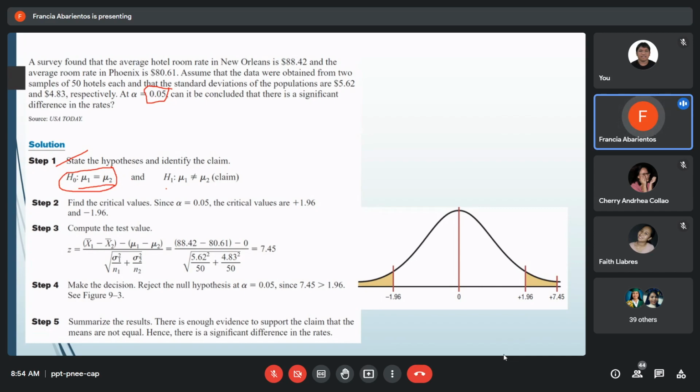But in the alternative hypothesis, the claim now, the mean or the average hotel room rates in the first one is not equal to the second one. And so, yun ang claim natin. Kasi, the given problem here is, can it be concluded that there is a significant difference in the rates?